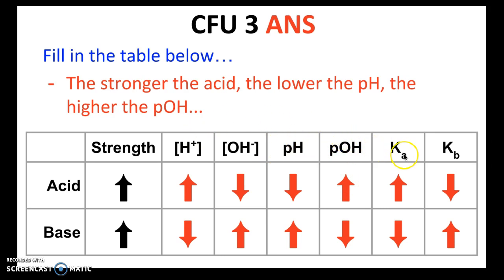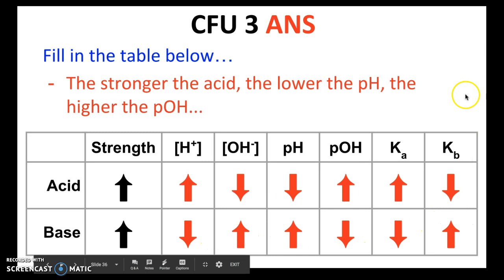The stronger the acid, the more the acid ionizes, so the greater the Ka. That means the reaction shifts more to the right. And then the smaller the Kb, since these two are inversely proportional. The opposite is true for the base, so you can take a look and see what's written here.